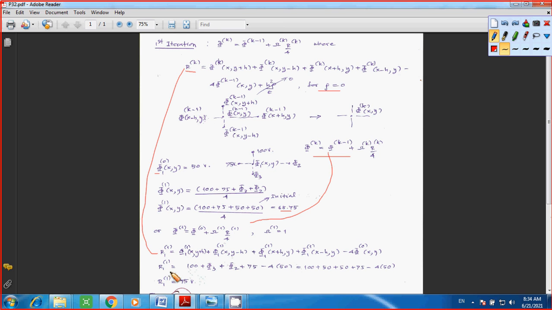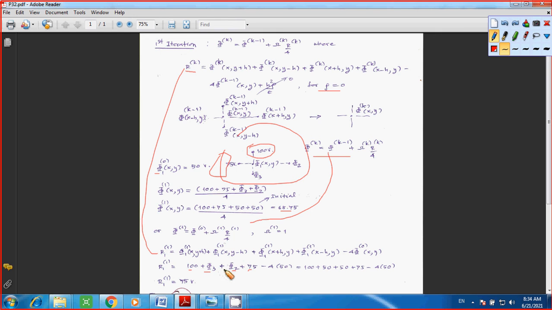And r1, as we have picked up from the picture here, becomes 100 plus phi 3 plus phi 2 plus the 75. Okay, this is 75, a little bit confused.